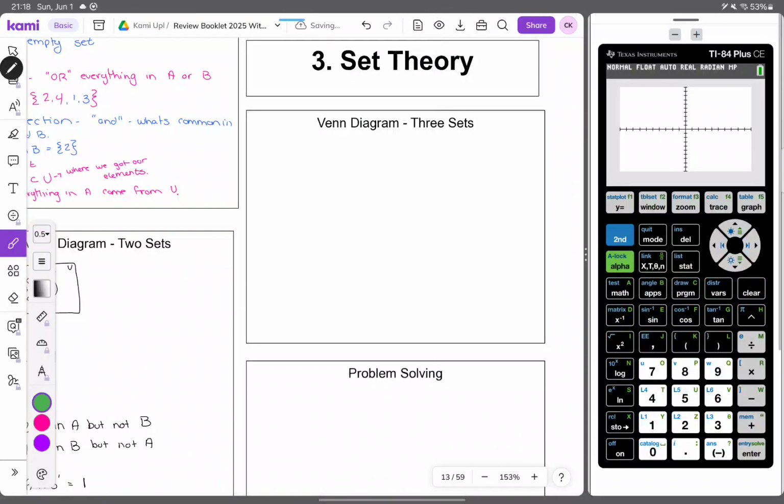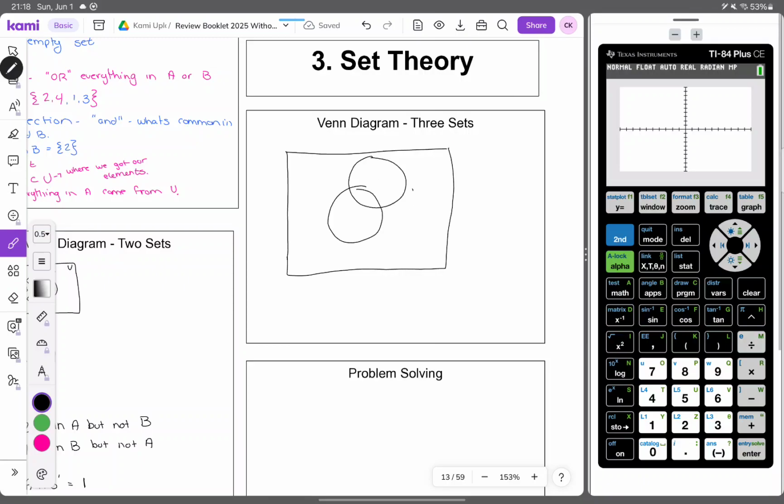Just like with 2 set Venn diagrams, with 3 set Venn diagrams it's very important to know where you're looking. So if I have my 3 circles here, A, B, C, there's a difference between if I want A intersect B and I want A intersect B only.